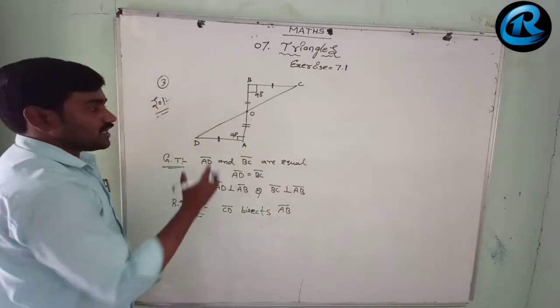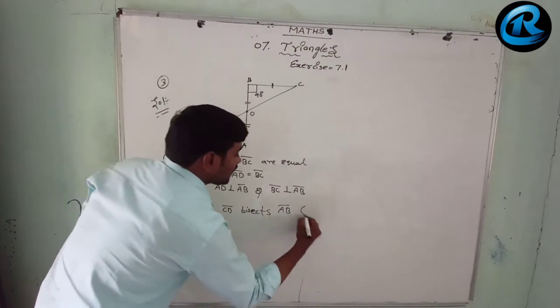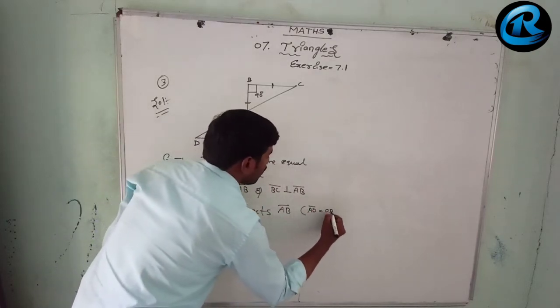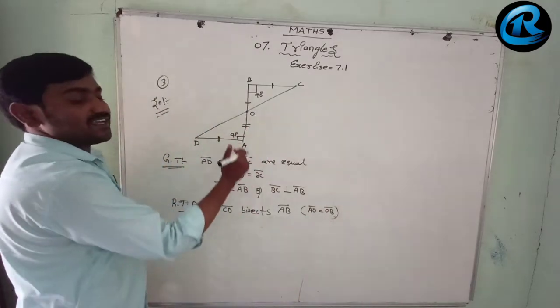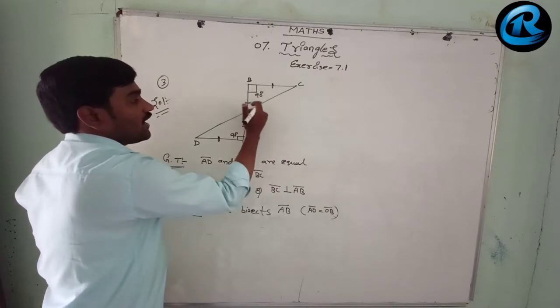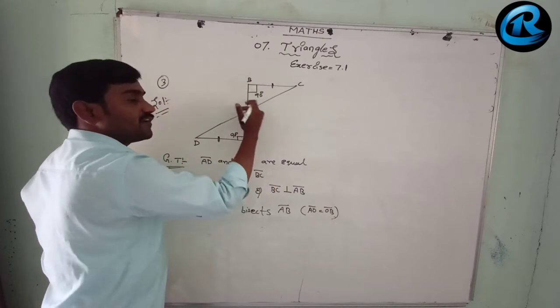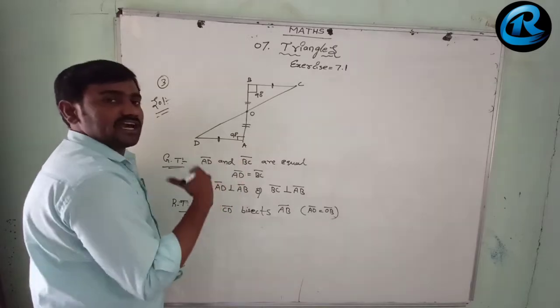Nothing but we have to prove that if AO is equal to OB, there will be a bisector. Bisector in the sense we have to show that the lengths of AO and OB are equal. When CD bisects AB, they are equal.